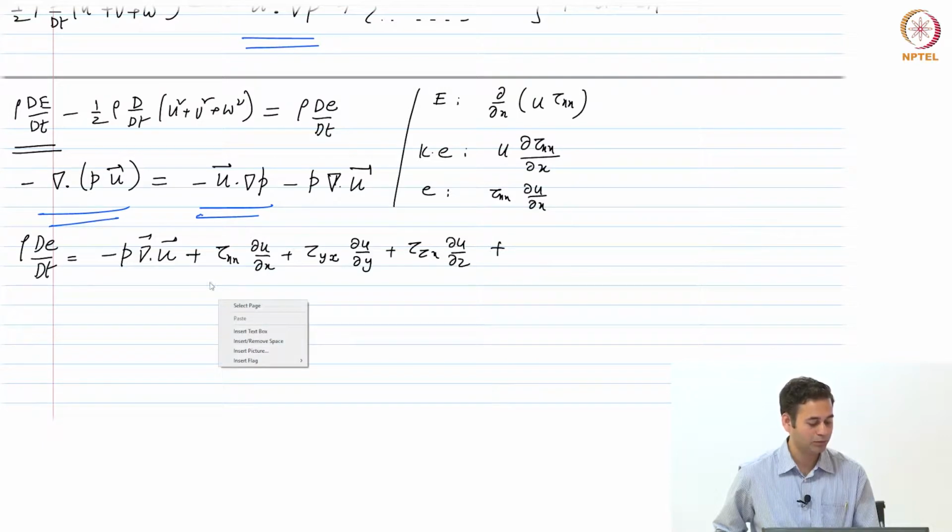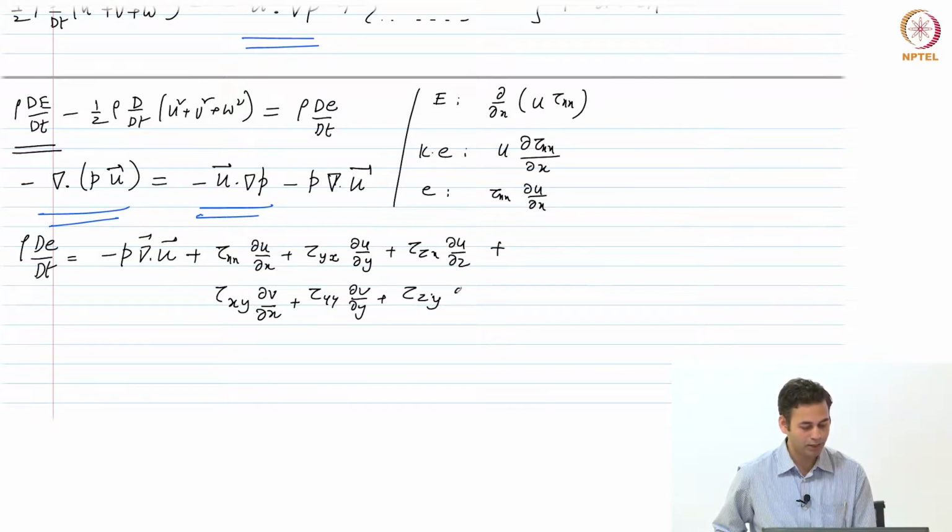We will have tau xy partial v partial x, tau yy partial v partial y plus tau zy partial v partial z plus tau xz partial w partial x plus tau yz partial w partial y plus tau zz partial w partial z.